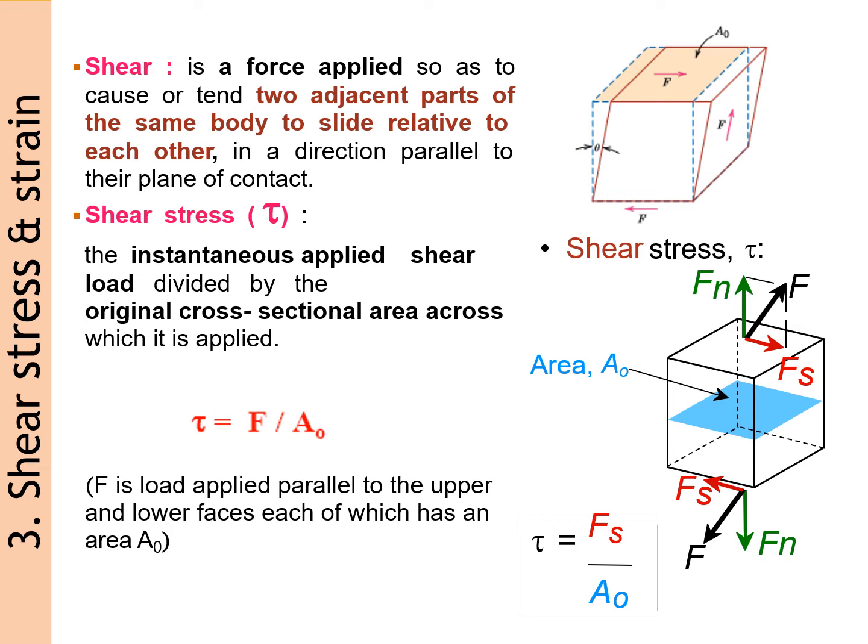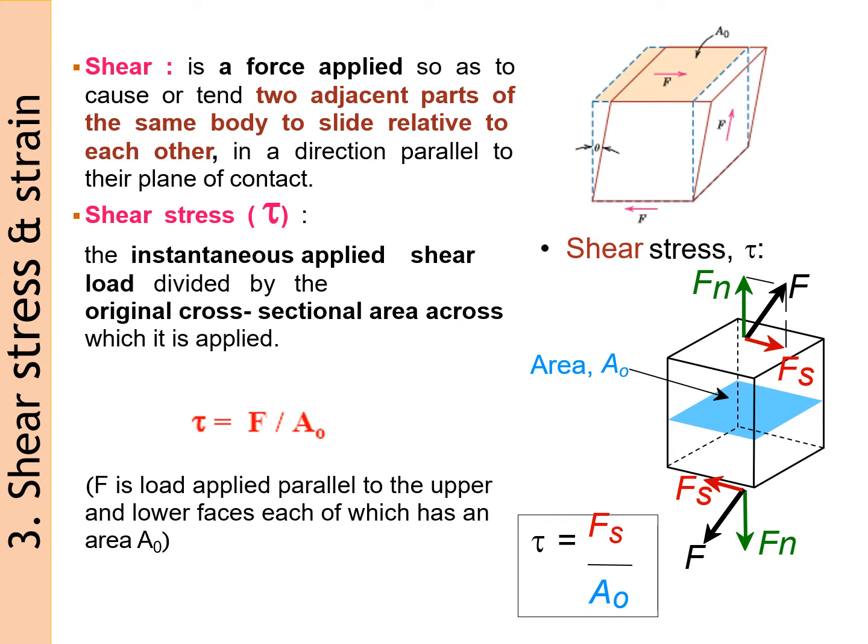The third part is the shear stress and strain. Shear is by definition a force applied so as to cause or tend to cause adjacent parts of the same body to slide relative to each other, in a direction parallel to their plane of contact.